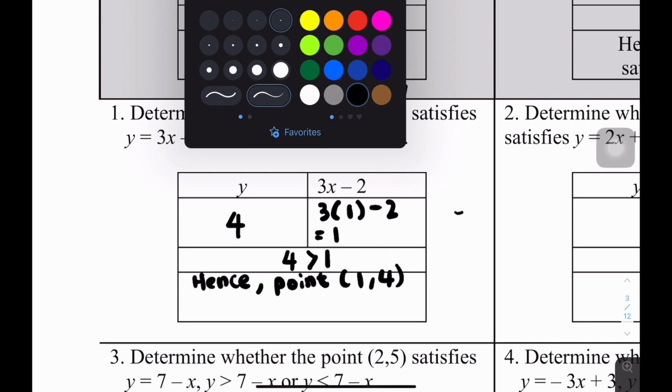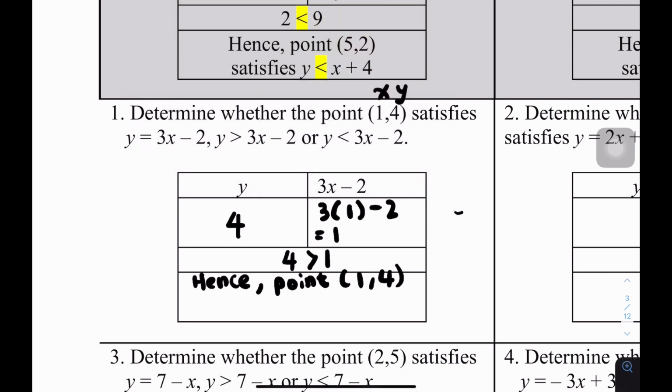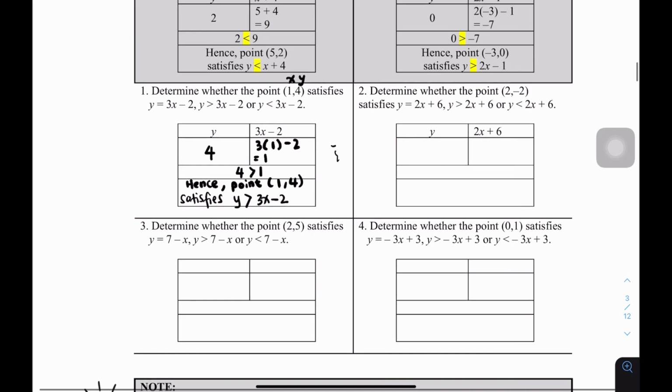Sama je, ya. 1, 4 satisfies inequalities y more than 3x minus 2. Boleh? Mudah je kan? So nombor 2, nombor 3 and nombor 4, I want you to try it yourself.